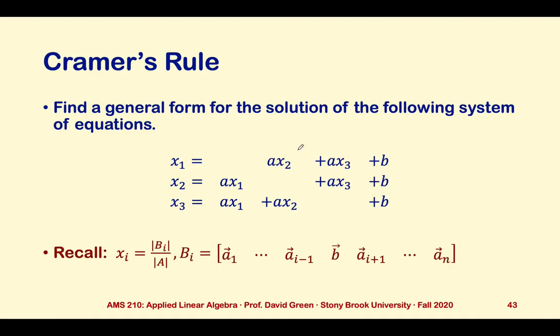x1 equals a x2 plus a x3 plus b, x2 equals a x1 plus a x3 plus b, and so on. This may remind you of the Leontief equilibrium, economic equilibrium kind of structure.